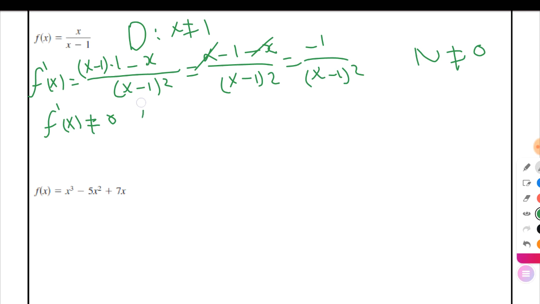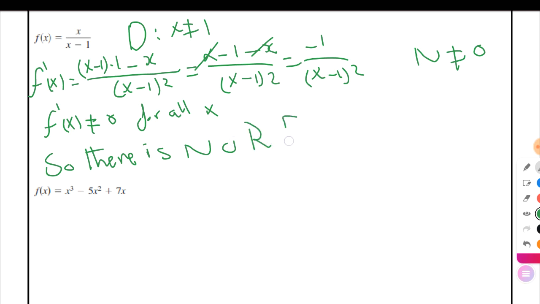For all x. Since it is never equal to 0, I don't have any value to substitute in the second derivative. In this case, there is none, because at the values of x at which the first derivative equals 0, we would have a relative extrema. So there is no relative extrema.